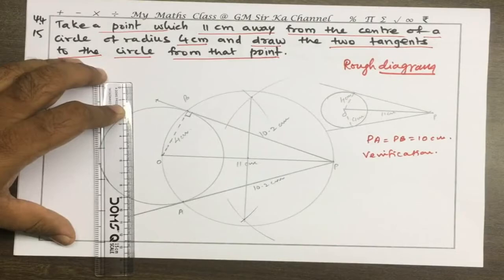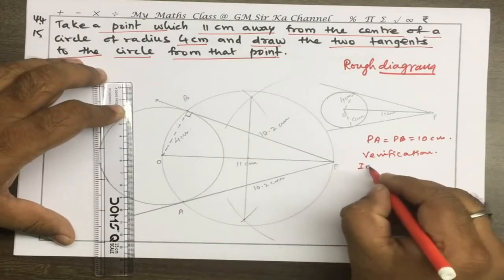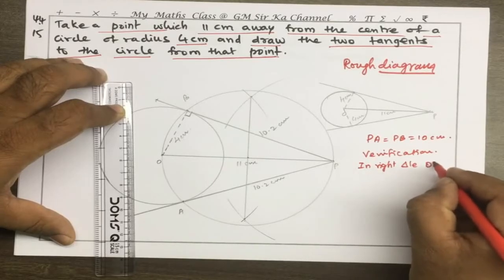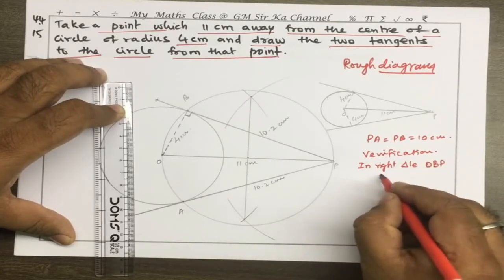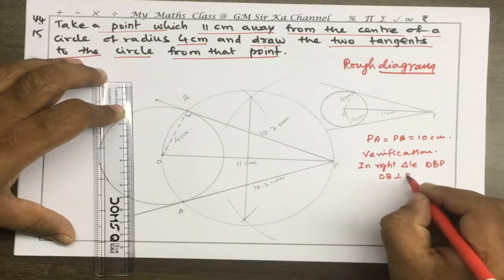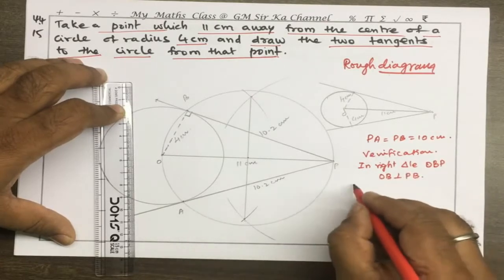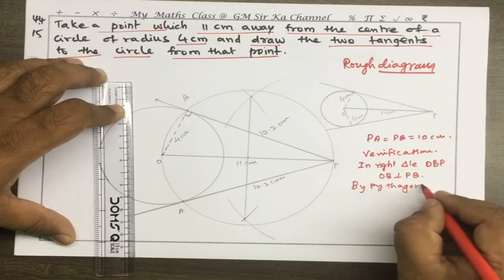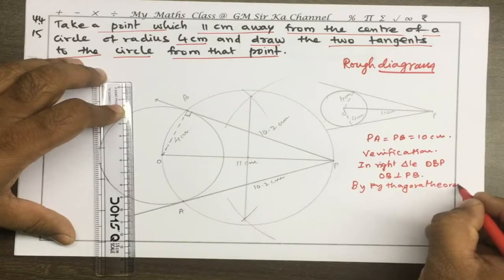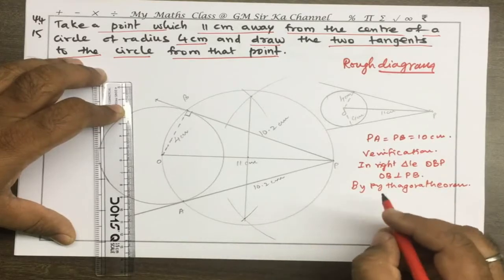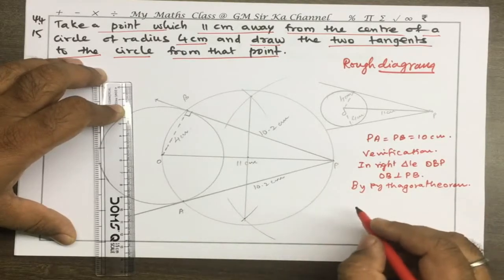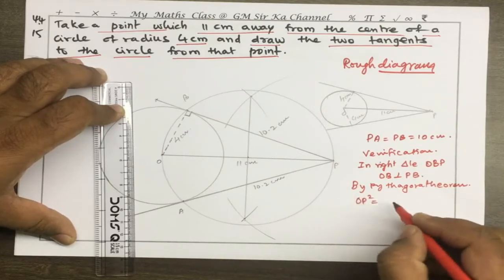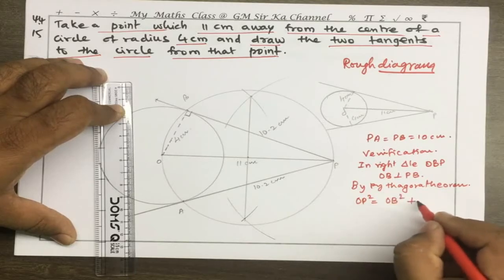So in triangle OBP, in right triangle OBP, OB is perpendicular to PB, by Pythagoras theorem we have OP square is equal to OB square plus PB square.